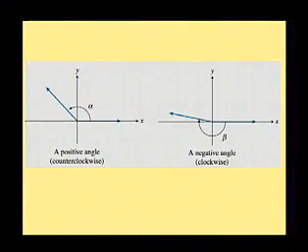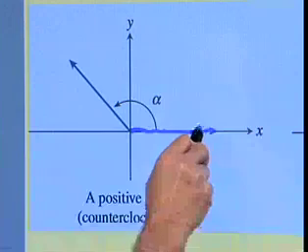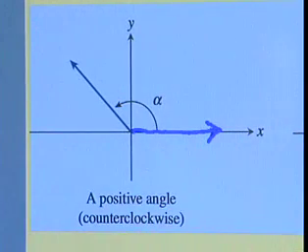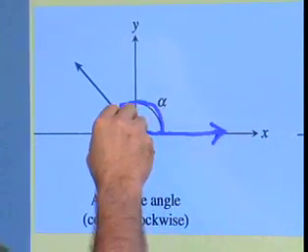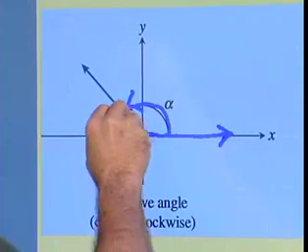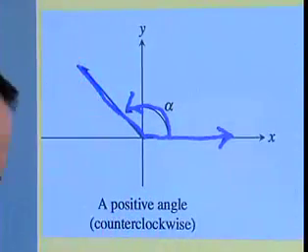Trigonometry takes on a more dynamic view of angles by thinking of the angles in terms of a rotating ray. This ray is referred to as the initial side, and we're going to rotate that ray through an angle alpha to its terminal side.